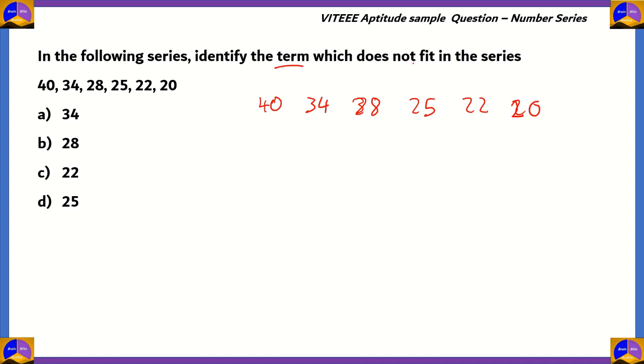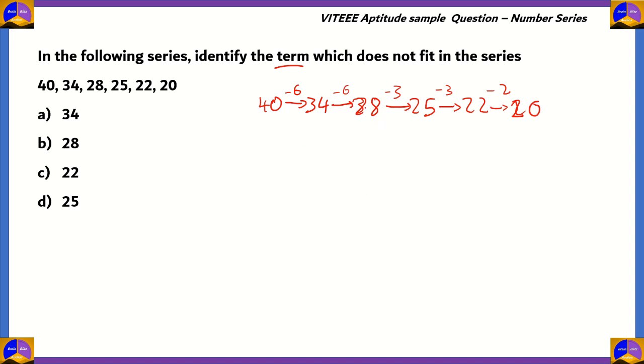So our goal is first to find a pattern between the numbers that do fit in the series. The difference between 40 and 34 is 6. So 40 minus 6 gives you 34, and similarly, 34 minus 6 gives you 28. 28 minus 25 is 3. 25 minus 22 is 3, and 22 minus 20 is 2.